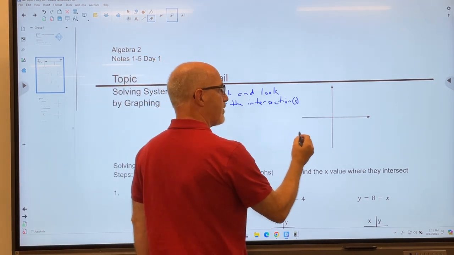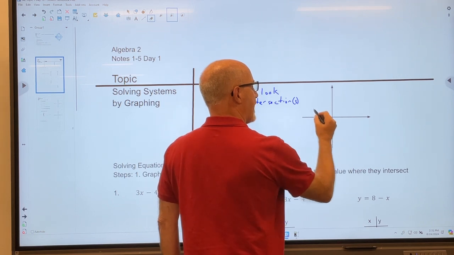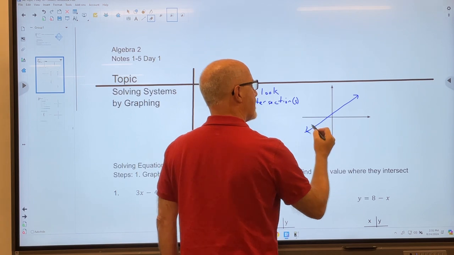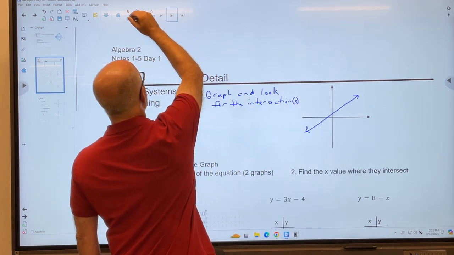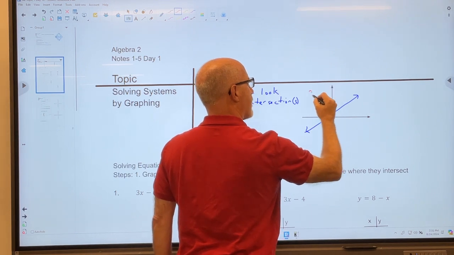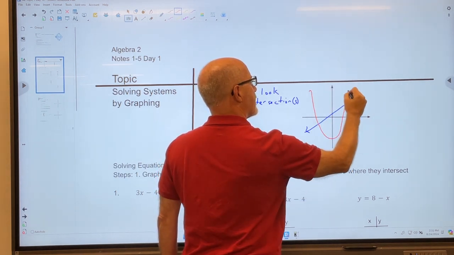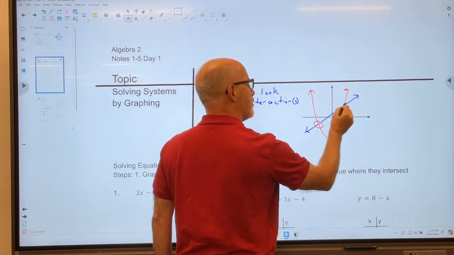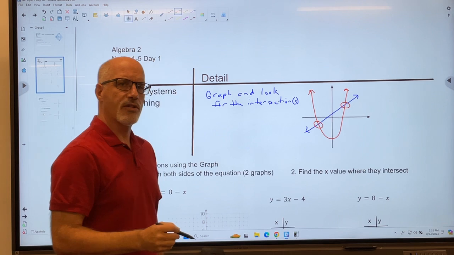So if I've got, for instance, a line that I graph like this, and then I graph also a parabola, then what you're looking for as the solution are the 2 points where they intersect.